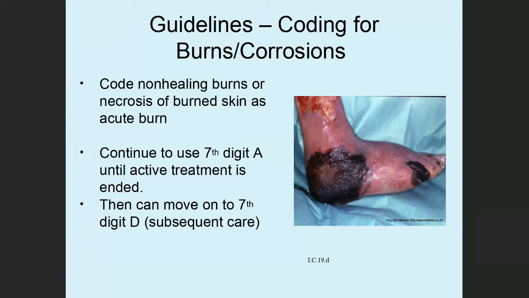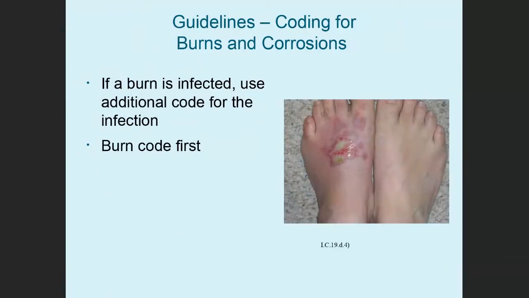These burns are coded as acute burns, meaning you should continue to use the 7th digit A. When it's starting to heal and it's just routine follow-up care, then you can use the 7th digit D. The guidelines also state that if an injury is infected, use an additional code for the infection, meaning the burn code with this digit A is first, and then a code specific for the infection.